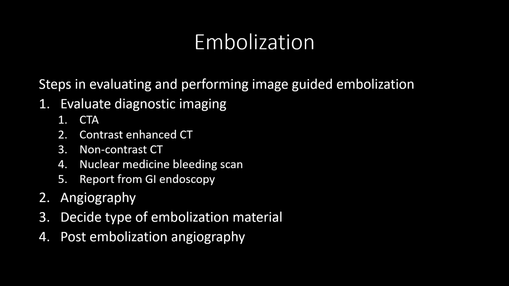We'll embolize tumors to treat them, or even potentially embolize tumors to decrease the risk of hemorrhage for a surgical procedure. So lots of reasons to do an embolization, and then lots of different tools that we can use for embolization, which we're going to touch on here today.